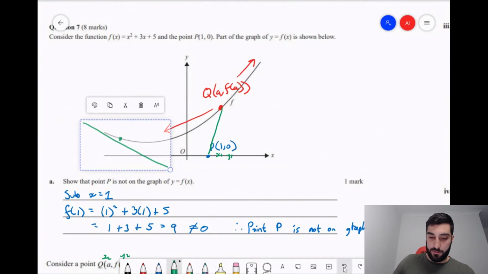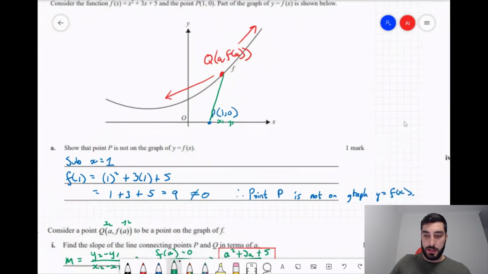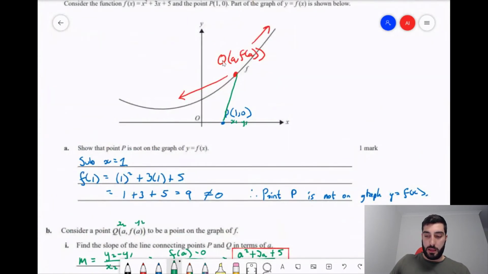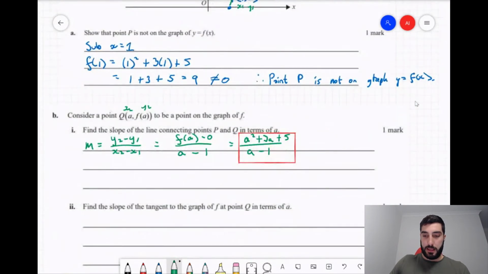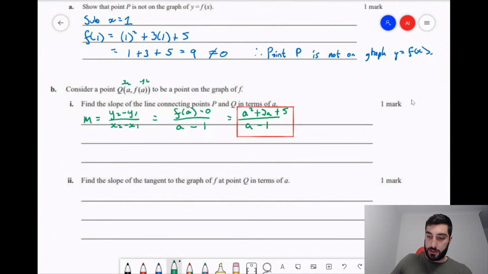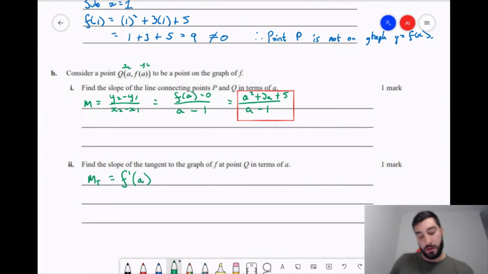Hopefully you get the idea. It depends on where point Q is. But in general, for tangents, we know we can find that using the derivative at a particular point. So the gradient of the tangent will be equal to the derivative at the x value.